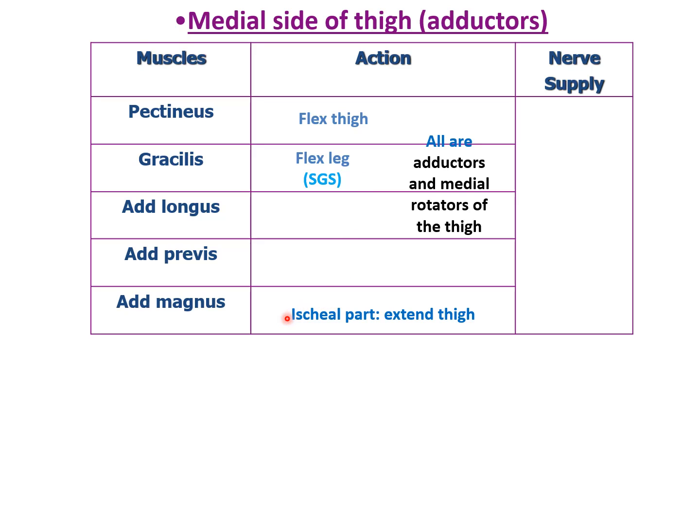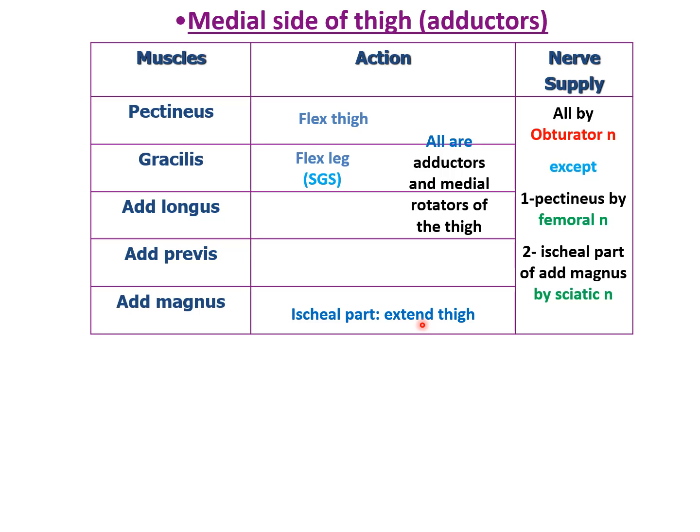Also, the ischial part of adductor magnus. Adductor magnus has two parts, the pubic part and the ischial part. The ischial part of adductor magnus acts like the hamstring muscles and extends the thigh. So we have here two muscles.